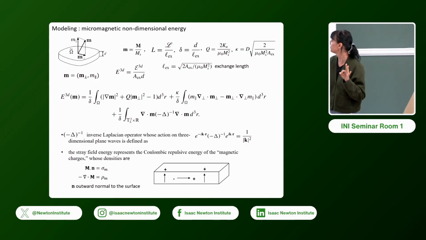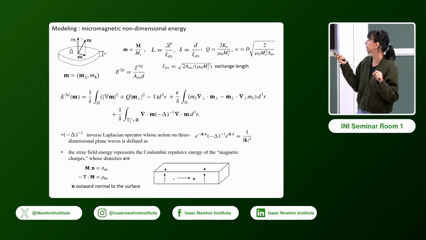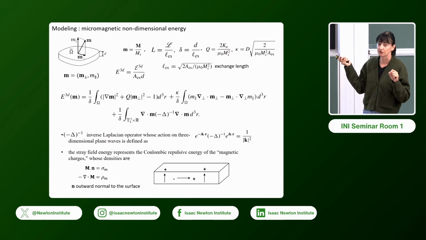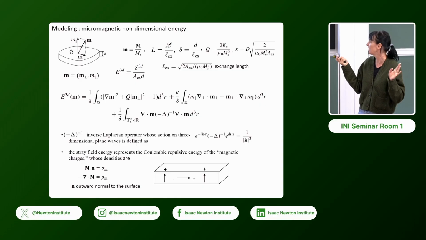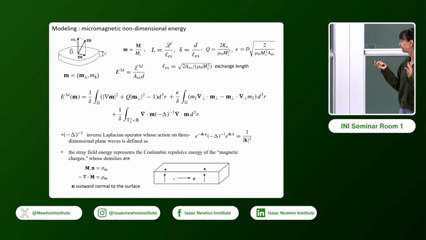My energy is expressed in units of A D. I draw your attention to this notation: M perpendicular represents the component in plane, perpendicular to the easy axis, and M parallel is the out-of-plane component parallel to the easy axis.